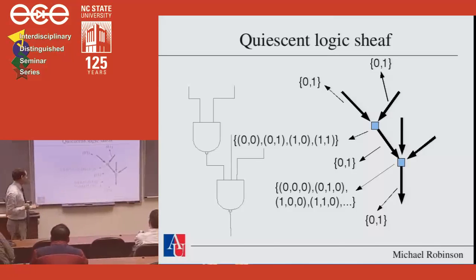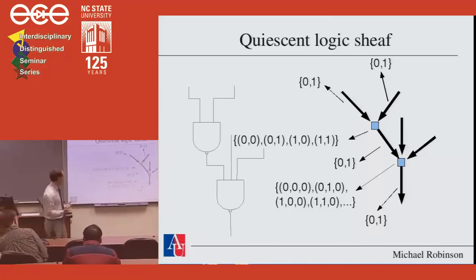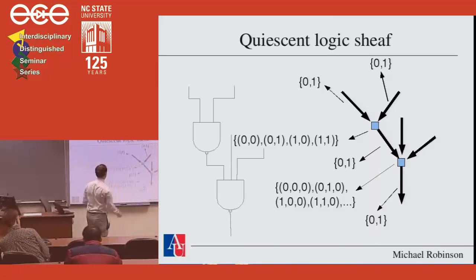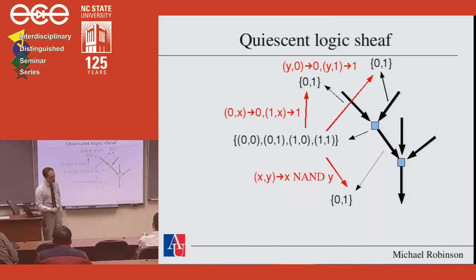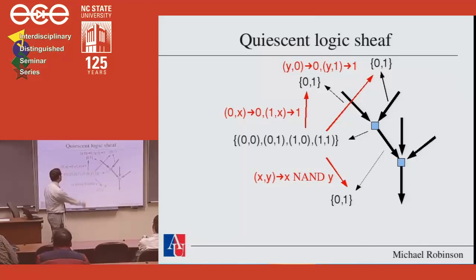OK, but this tells me the information I need to tell you about these ways to manipulate and check consistency. Well, here's what you do. Say you take projections going back. You say, well, I'm just going to keep track of the inputs here and project over 1 to there and 1 to there. Now, what do I do going the other way? Well, that's where I do the logic evaluation.